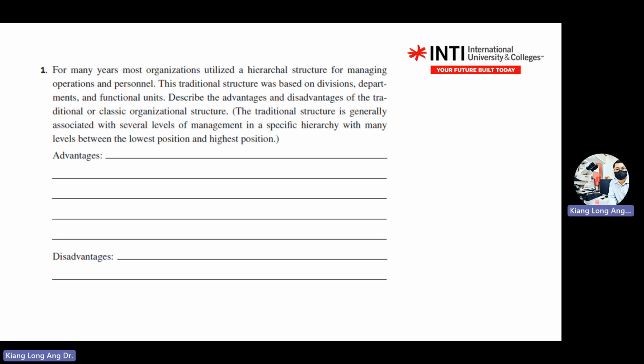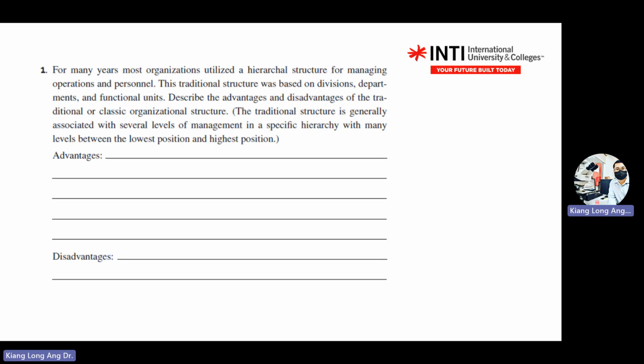Next point is about politics: the tendency towards functional loyalty instead of project loyalty. If it is traditional, the loyalty will be towards the functional unit compared to project loyalty.